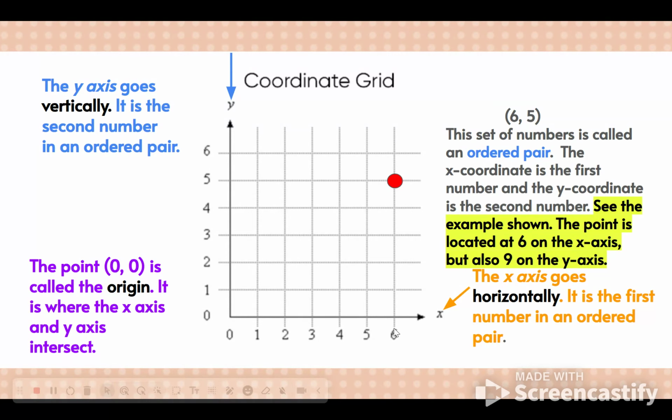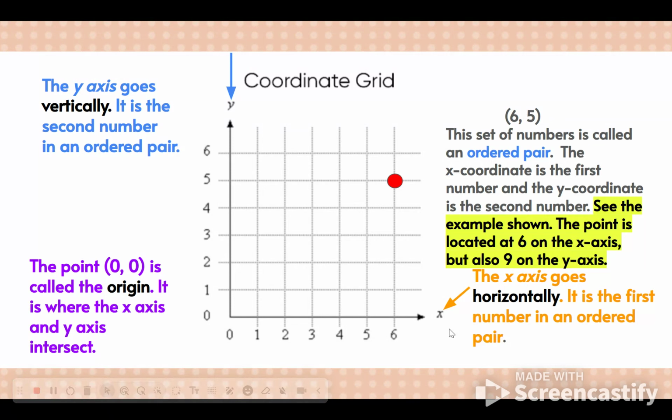Looking at this point, I see that it is on 6 on the x. Also, if I move over to see where it is on the y-axis, it is on 5. So what is my ordered pair? My ordered pair is 6, comma, 5. And that's how we write the ordered pair.